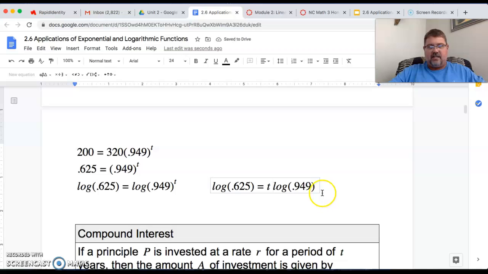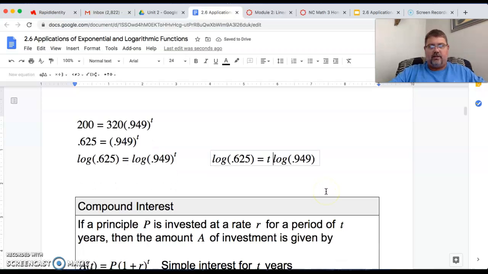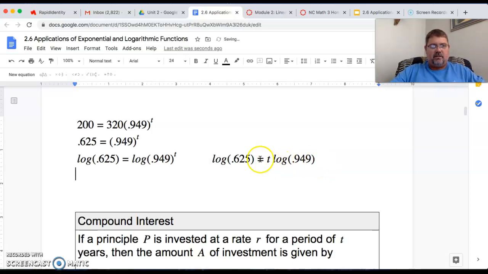Now we can divide both sides by log of 0.949, and that isolates t. So the final calculation here, I guess we should have put an equal sign there.